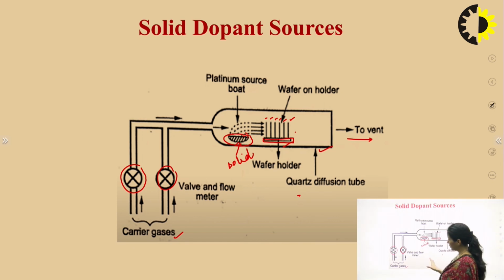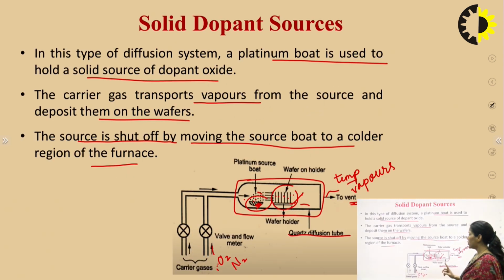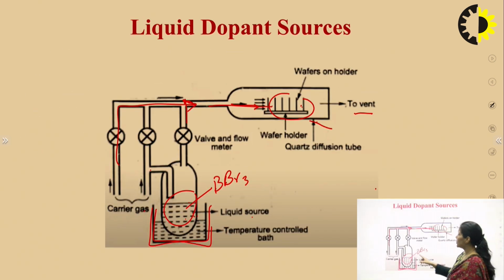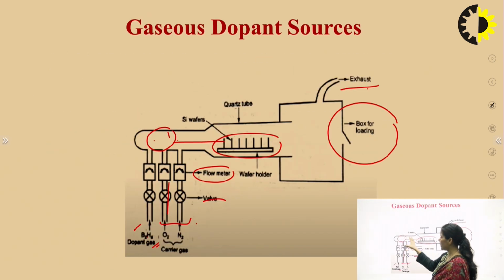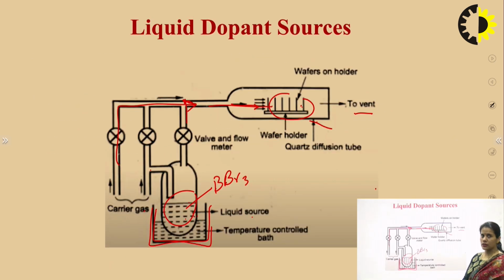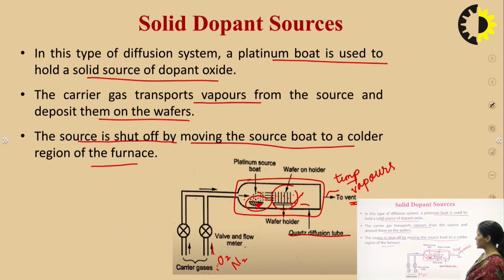So in all the three cases there are carrier gases. The role of the carrier gases is to carry the diffusion dopant sources towards the wafers. In all the three arrangements there is always a wafer holder which is holding the wafers. There is also a tube. The only difference is the availability of the three types of sources.